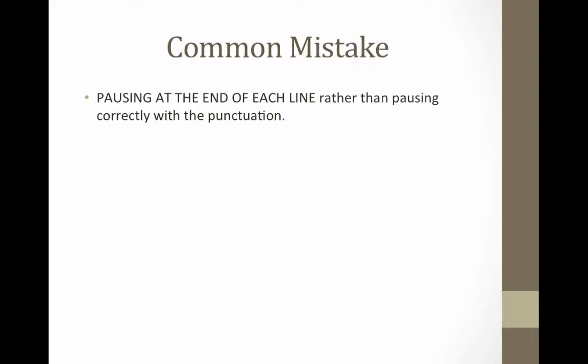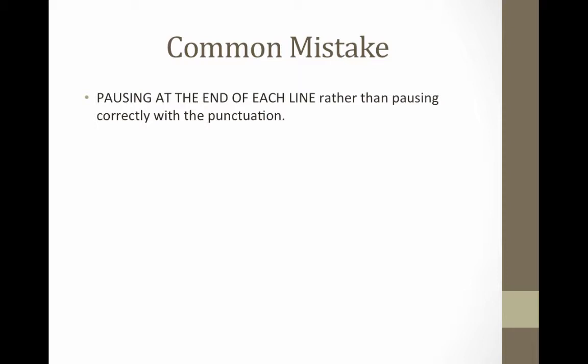Okay, a common mistake that happens when people read poetry out loud, especially poetry they did not write, so they're performing someone else's poetry, is that they pause at the end of each line rather than pausing correctly with the punctuation.